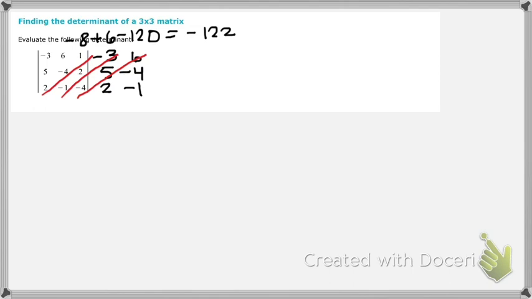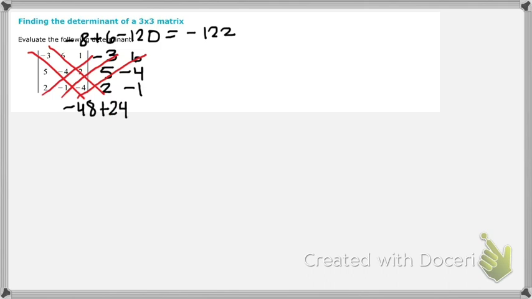So I'm going to go on the downward diagonals. I'm going to go down on that diagonal, and that'll be -3 times -4 times -4, which will be 16 times -3, which is -48 on that diagonal. And then down on this diagonal, 6 times 2 times 2, which will be 24.